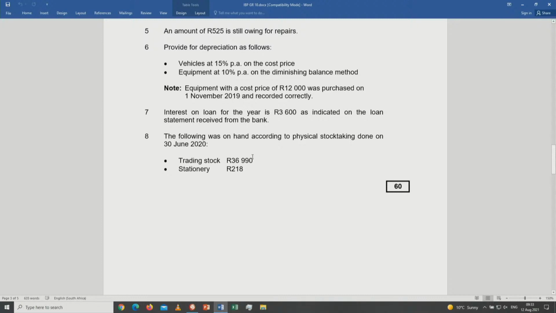Trading stock: when we count, we have a trading stock of 36,990 on the ground.